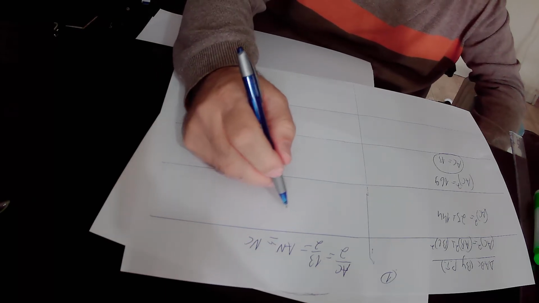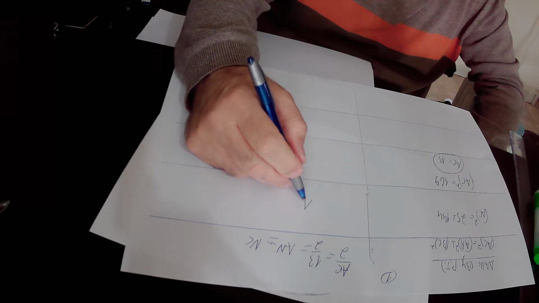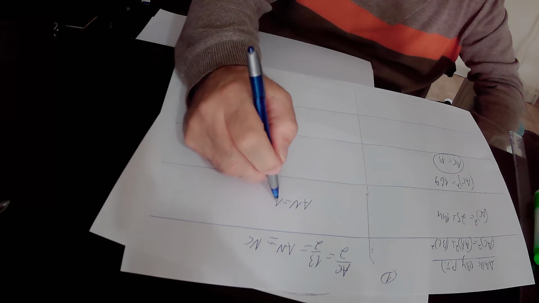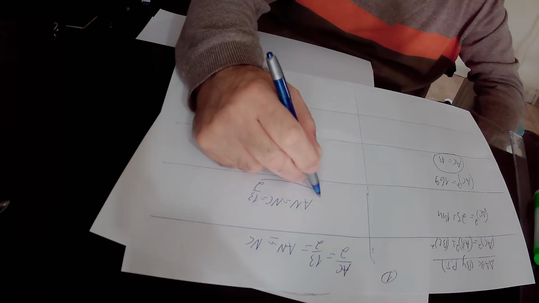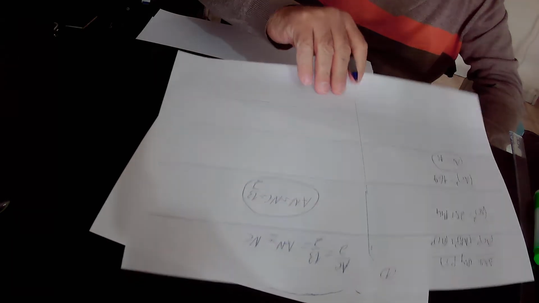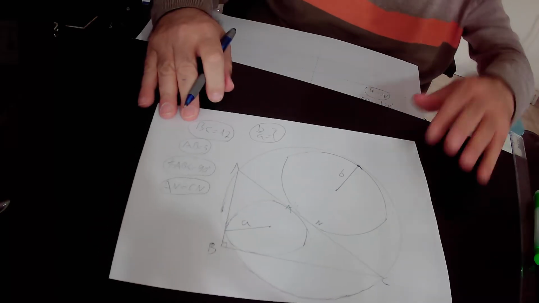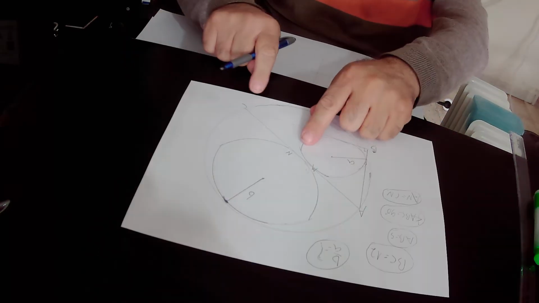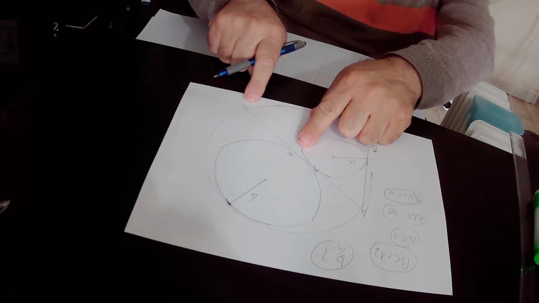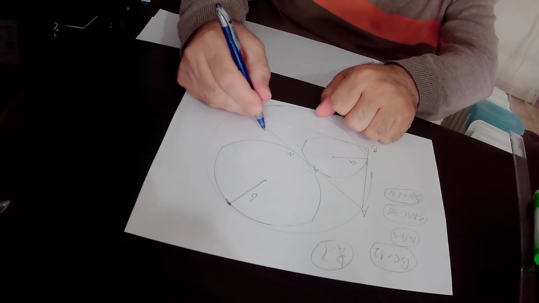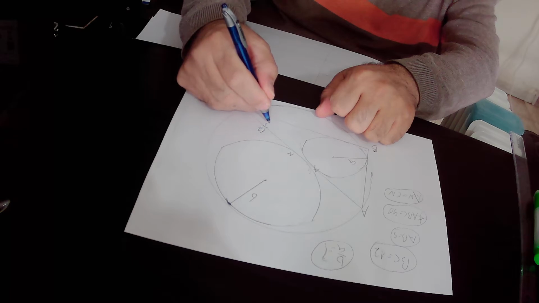So AN equals NC equals 13 over 2. So we can write here that NC, the second half of the hypotenuse AC, is equal to 13 over 2 units in length.